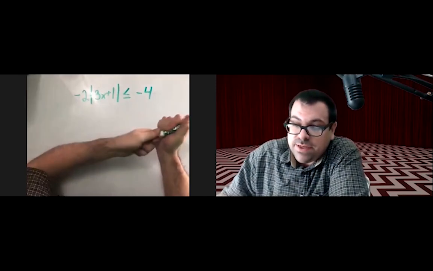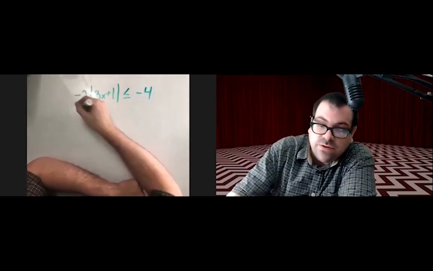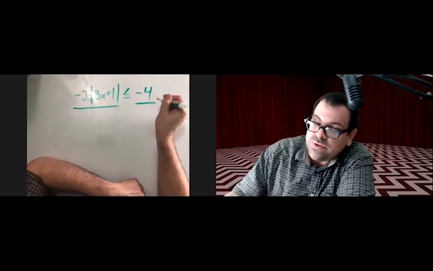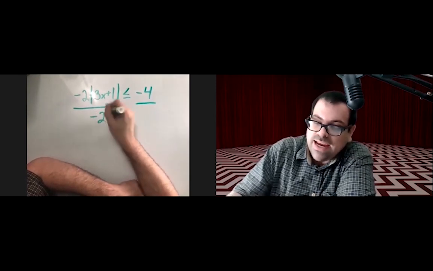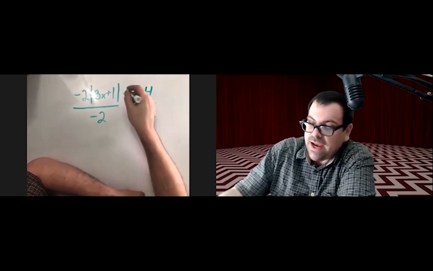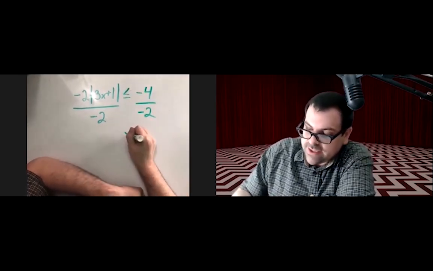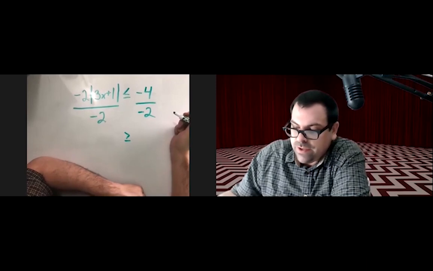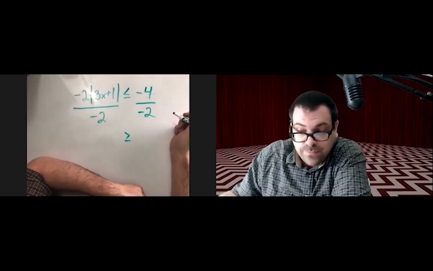Because look at what happens. To get the absolute value by itself, we have to divide both sides by -2. Dividing both sides by a negative is going to change less than or equal to greater than or equal to.